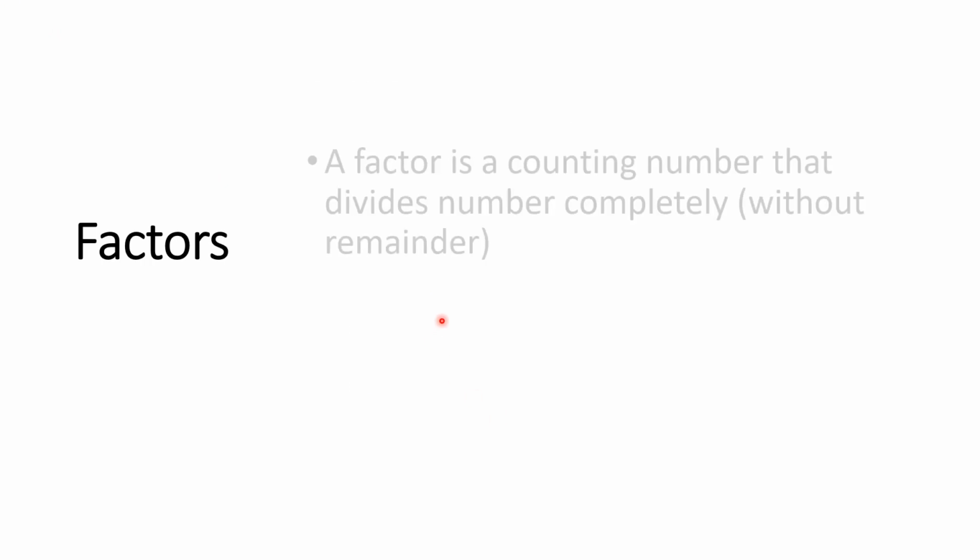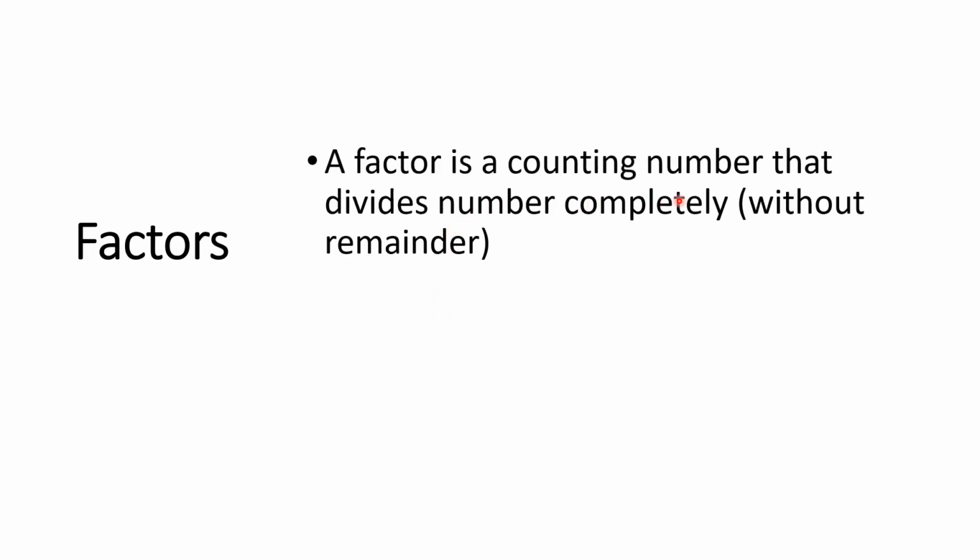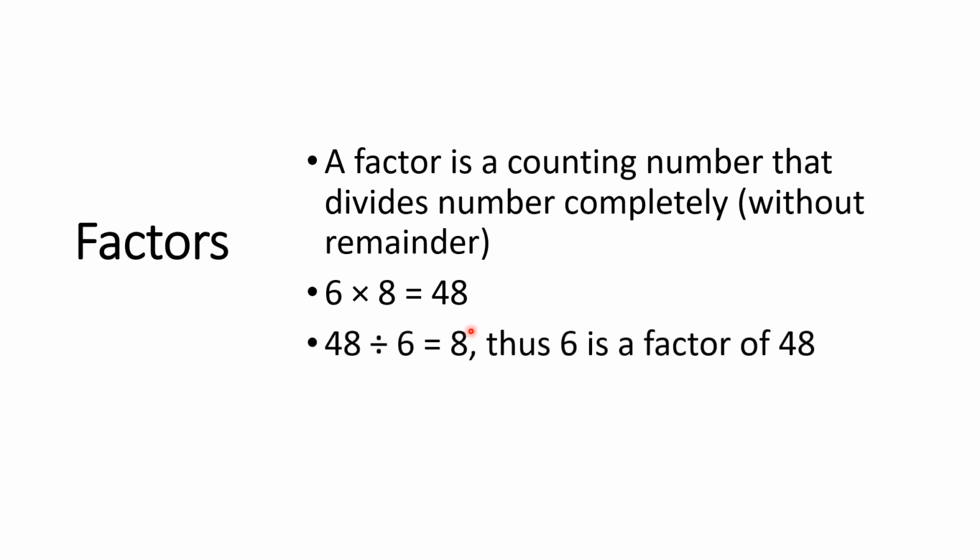We can say it like this also, that a factor is a counting number that divides a number completely without remainder. For example, 6 multiplied by 8 equals 48. 6 and 8 are factors of 48. Why are they factors of 48? Because when we divide 48 by 6, the answer is 8.